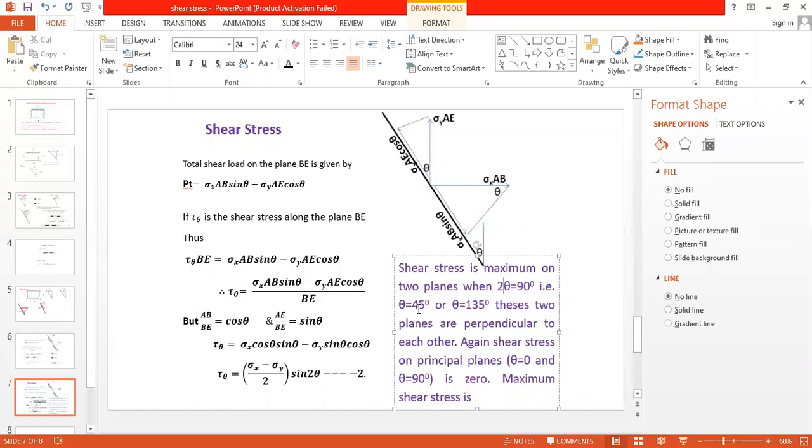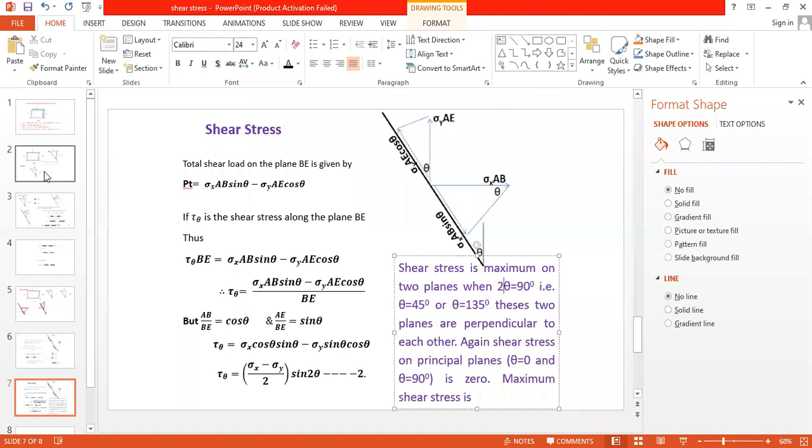Okay, theta is equal to 45 degree or theta is equal to 135 degree. Now these two planes are perpendicular to each other. Am I right?